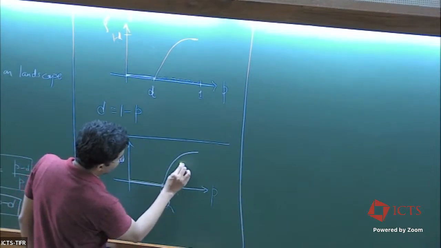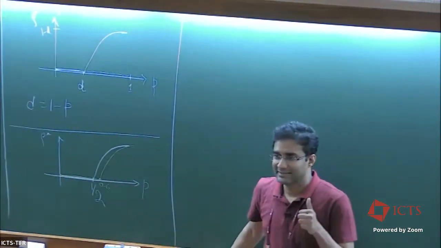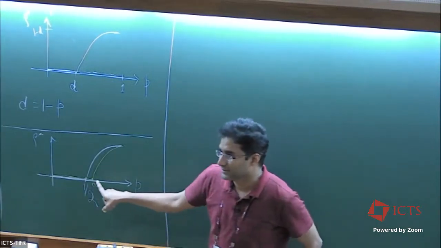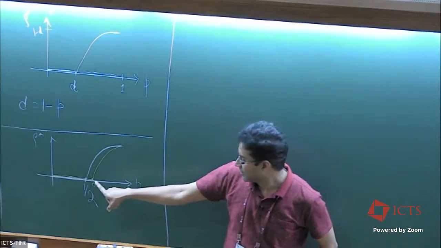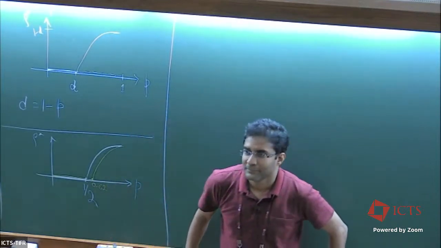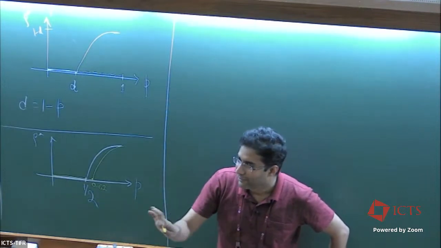But after that, you will find a very similar pattern. The transition is continuous, except that the critical point of the transition is not 0.5, it's around 0.62.